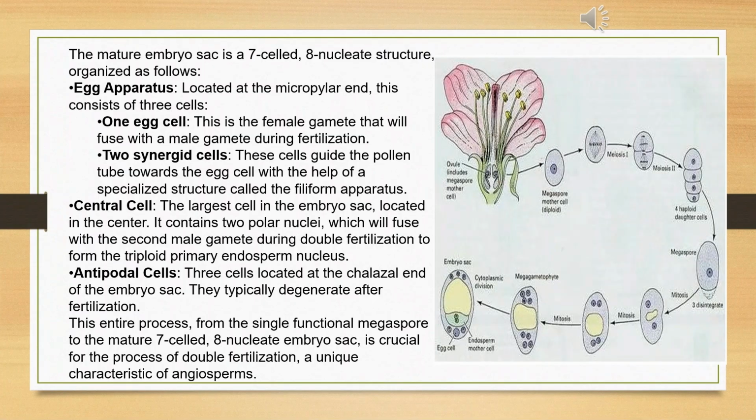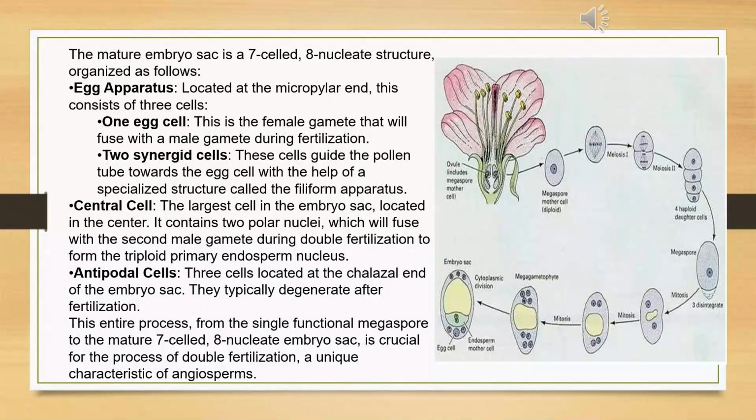Now, the next one is the central cell, the largest cell in the embryo sac, located in the center. It contains two polar nuclei which will fuse with the second male gamete during double fertilization to form the triploid primary endosperm nucleus. Now, the next one is antipodal cells. Three cells located at the chalazal end of the embryo sac.